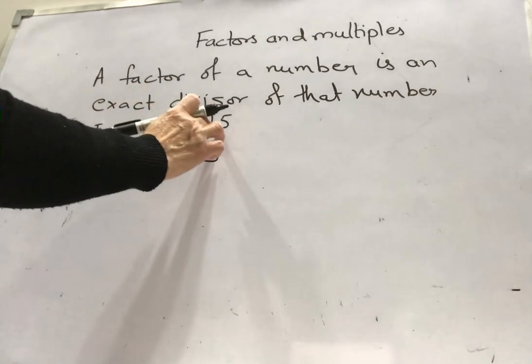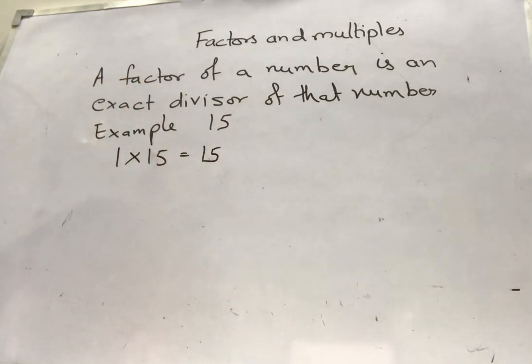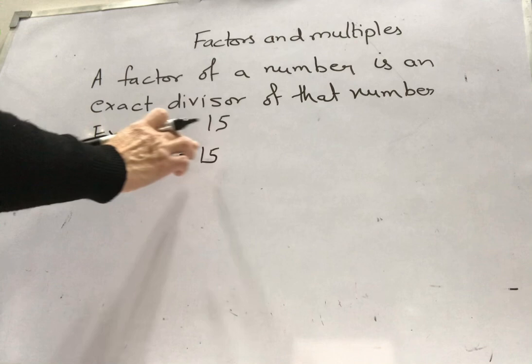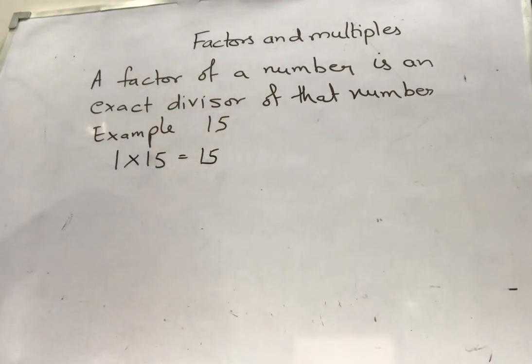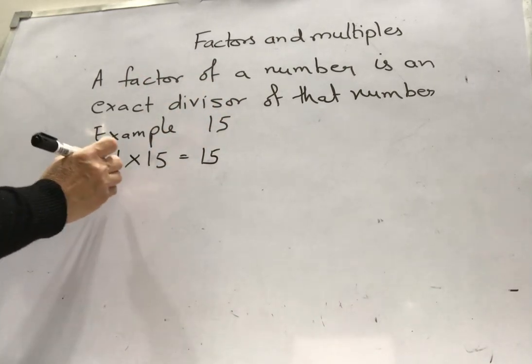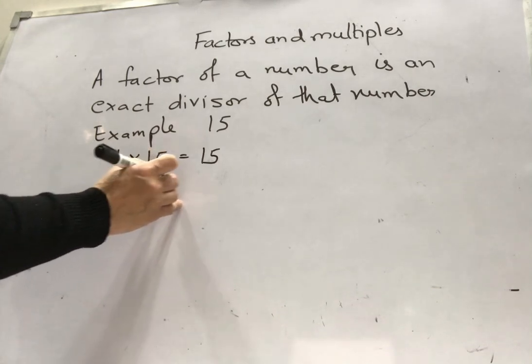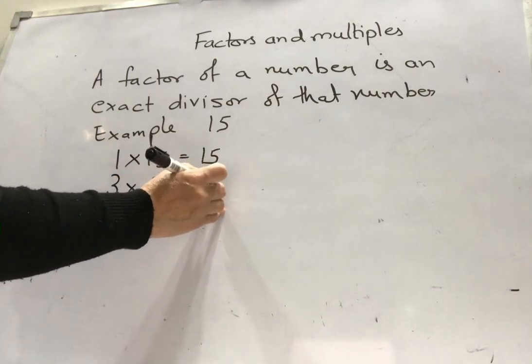Now we know at the ones place we don't have 2, 4, 6, 8 or 0, so this number is not divisible by 2. So we leave 2 and check 3. 3 into 5 is 15.